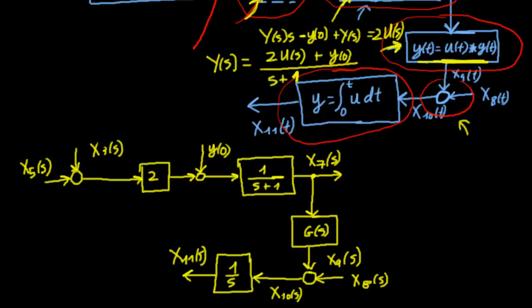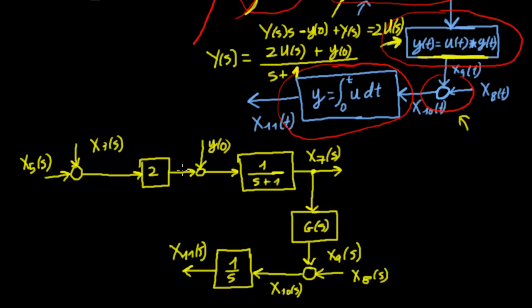And the key point here, the way we have to read the diagram, is by realizing that the output of each block is just the multiplication of the input by what is inside the block. So, for example, here x9 is just the multiplication of g of s times x7 of s. x9 of s is just g of s, x7 of s.